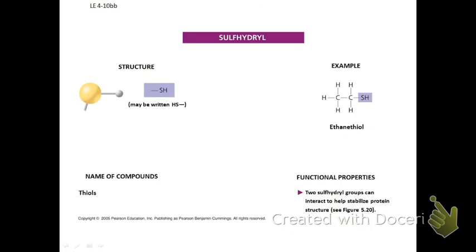Well, sulfhydryls. So if you think about what's in the name, sulfhydryl, it contains sulfur. It also has hydrogen. So sulfur can make a disulfide bridge. Di meaning two. It makes a disulfide bridge for pockets in protein formation.